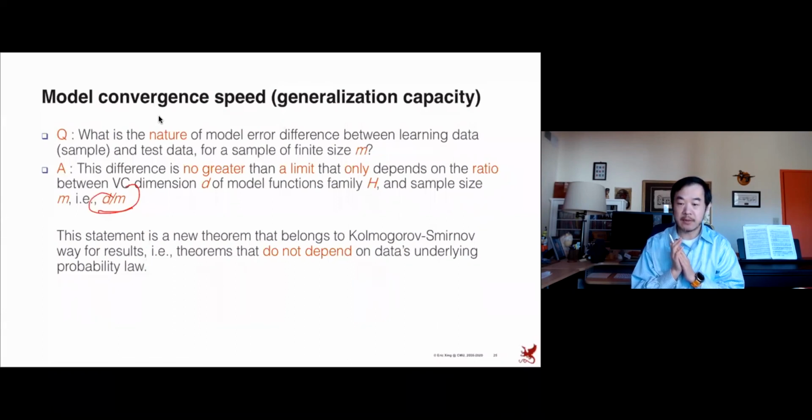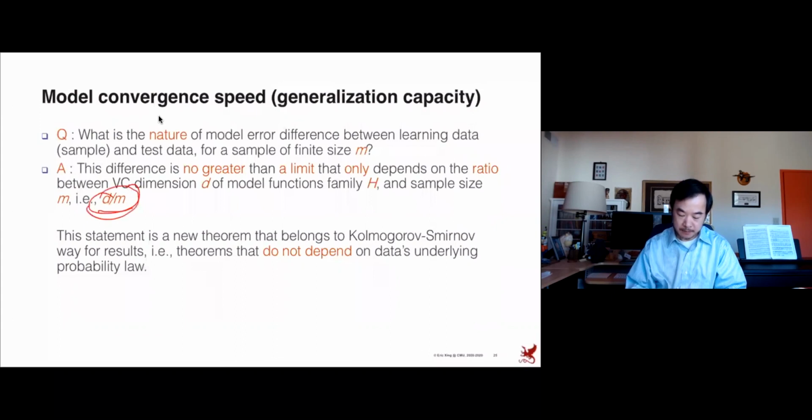This is another very insightful observation: given a model, you should roughly expect the convergence rate to happen as a function of the dimension versus the data.